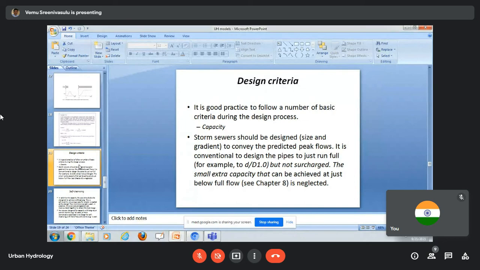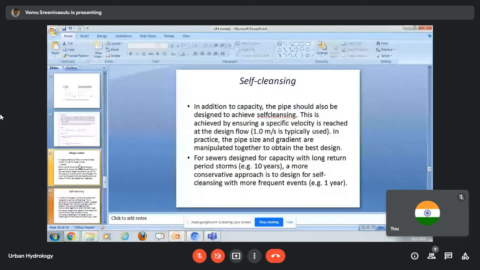Self-cleansing is achieved by ensuring a specific velocity is reached at the design flow. Okay, the minimum velocity is 1.0 meters per second. Gradient and diameter are manipulated together to obtain the best design. So how do you calculate the velocity?